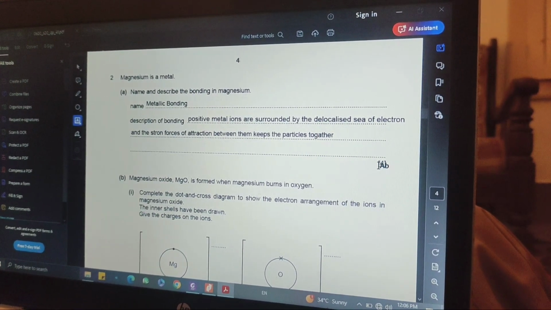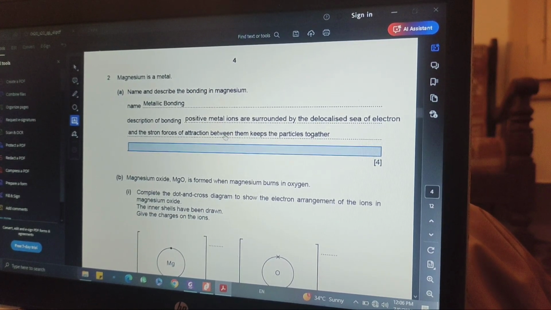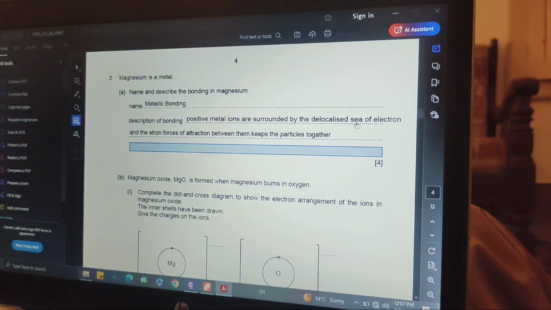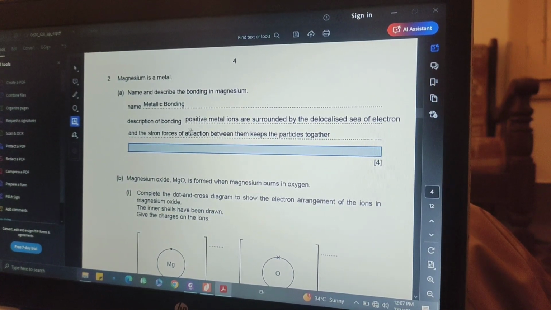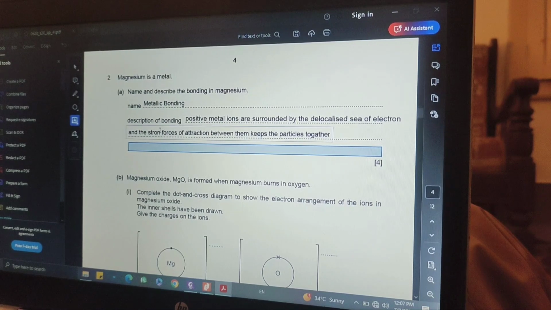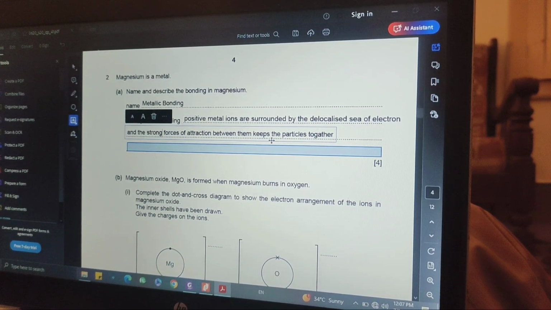So here, from the 4 marks, the first mark is for metallic bonding, the second mark is for sea of electrons, the third mark is for positive metal ions, and the fourth mark is for strong force of attraction between these particles.